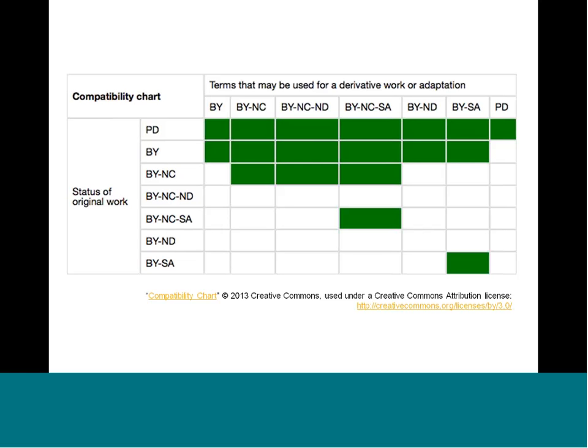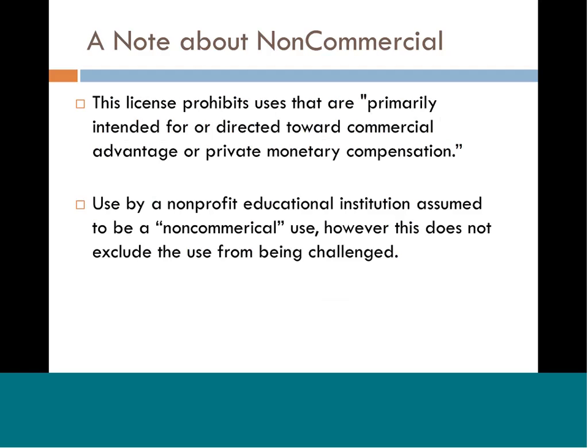So this chart sort of visually explains the status of the original work. Say you find something and you want to use it in a certain way. This chart shows you what license types would apply to whatever derivative work or non-derivative work results from that original work.